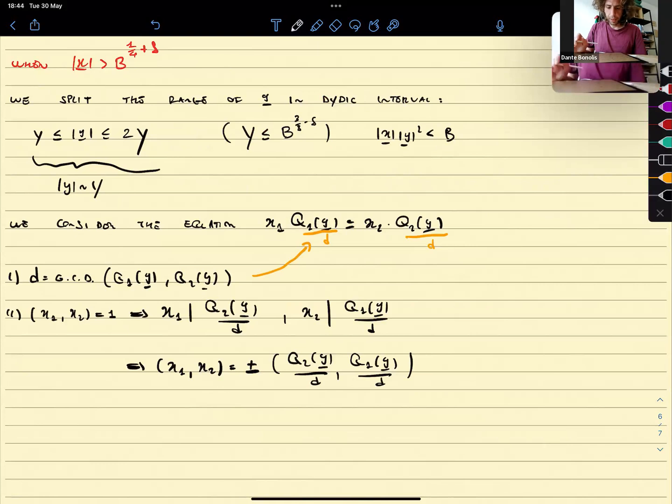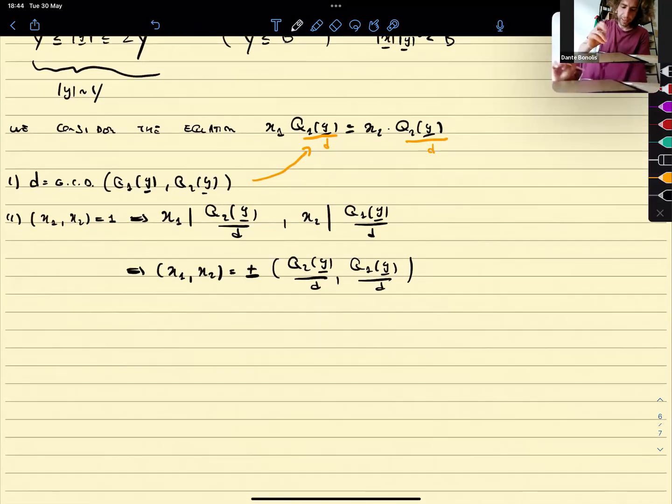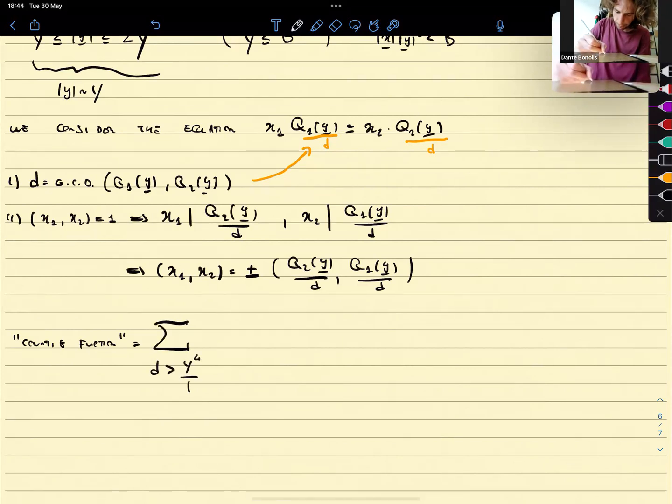All right, so what we can do now is the following: our counting function can be rewritten in the following way. We consider the divisor D, and we have a lower bound for D, on which I will comment in a moment.